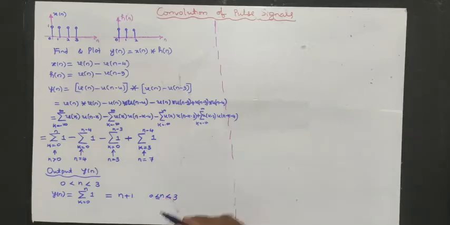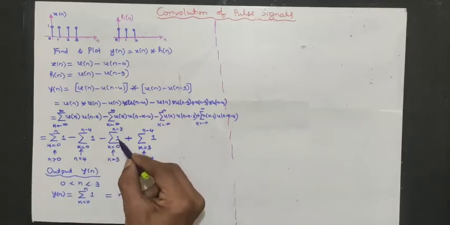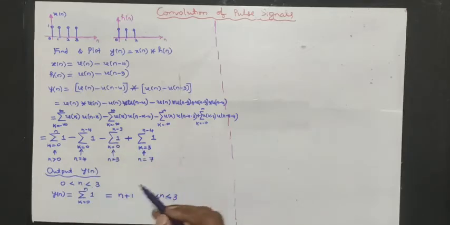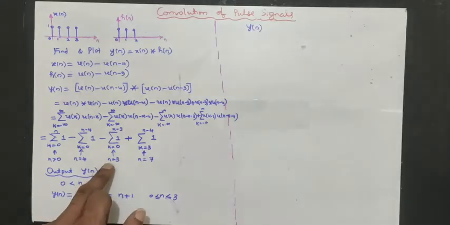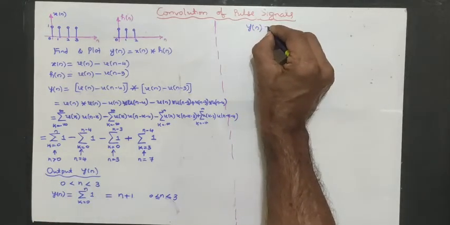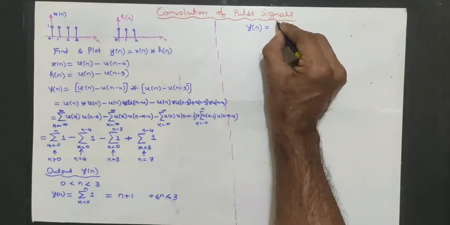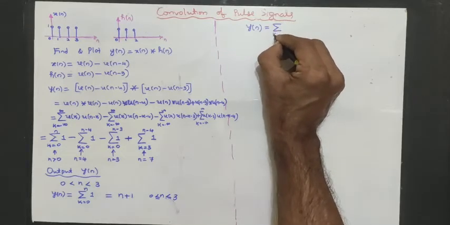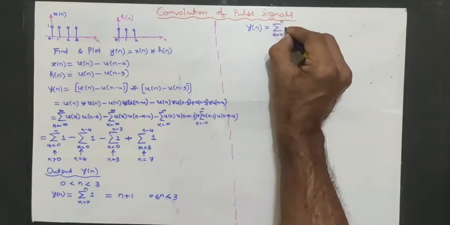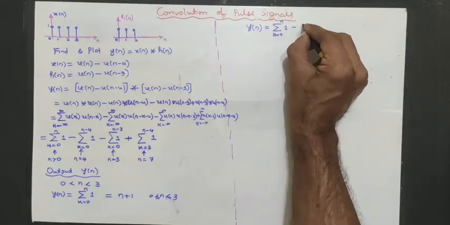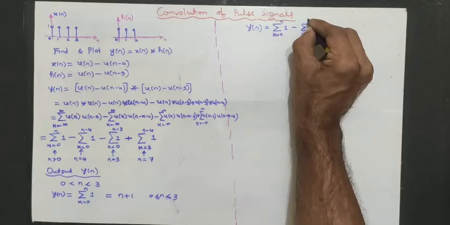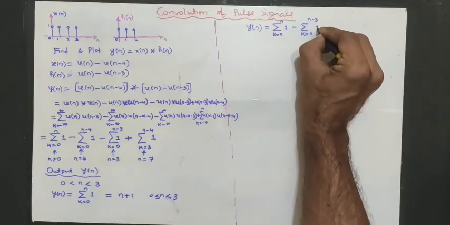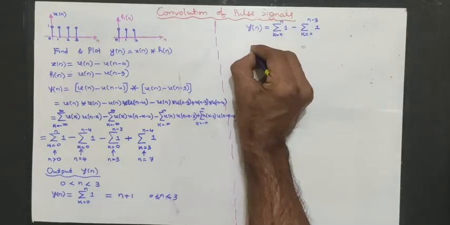At 3, what happens? At n equal to 3, this second term gets added. y(n) becomes the summation from k equal to 0 to n of 1, minus the summation from k equal to 0 to n-3 of 1.